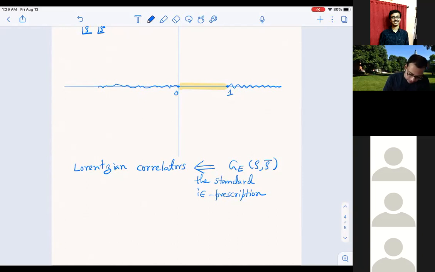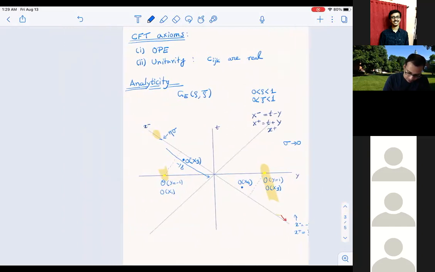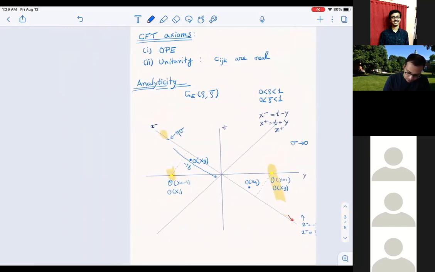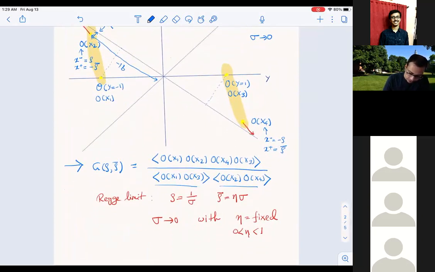So the first thing to consider, let me go back. Okay, so we had this correlator over here. I can define another correlator, G naught of rho, rho bar, which is the same set of operators, but the ordering is different.